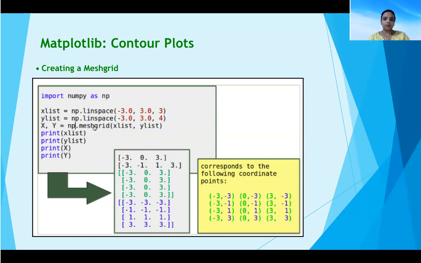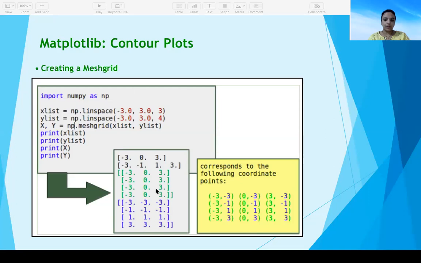In the same way, the elements of the Y list are placed column-wise and repeated in the columns to form the Y matrix. You can see the X matrix and the Y matrix here, and these correspond to the coordinate points: -3, -3; 0, -3; 3, -3.